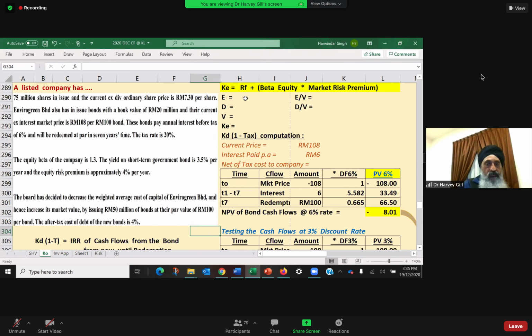Please note the words very carefully. The board has decided to decrease the weighted average cost of capital and hence increase its market value. And they want to issue 50 million bonds at their par value of 100 ringgit per bond. The after-tax cost of debt of the new bonds will be 4%.